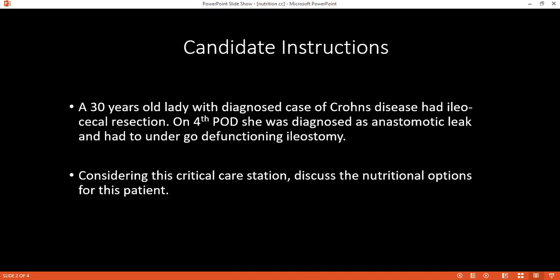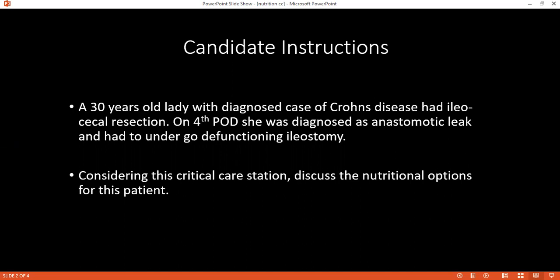Normally by 30 calories per kilogram. The patient has 70 kilograms, but post surgery, regarding this case, post stricture of Crohn's disease, 35 calories per kilogram, increased by 10% per degree increase in the temperature.